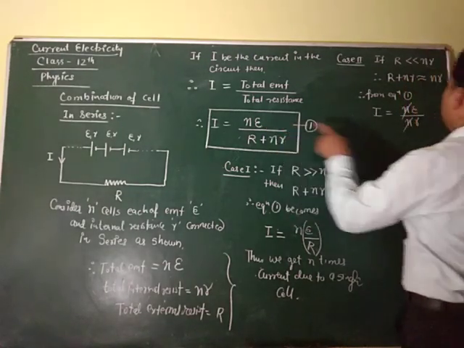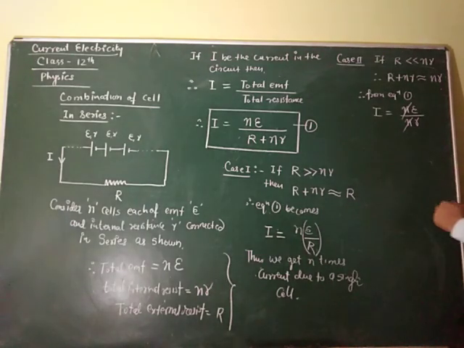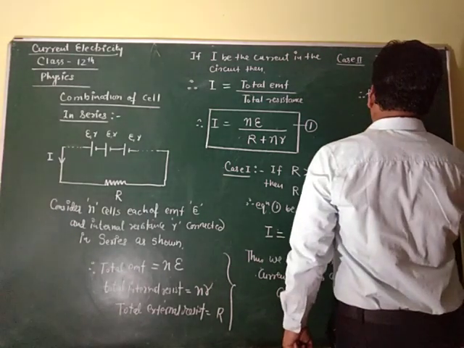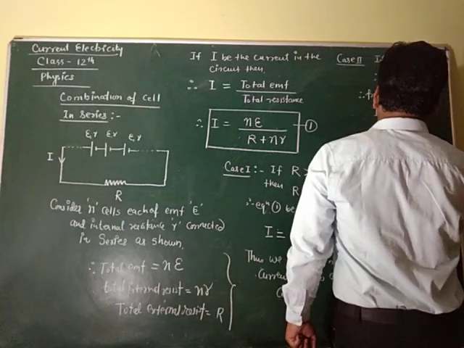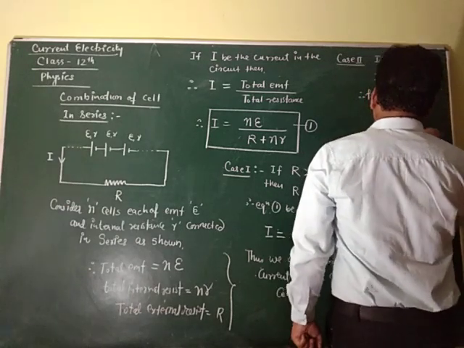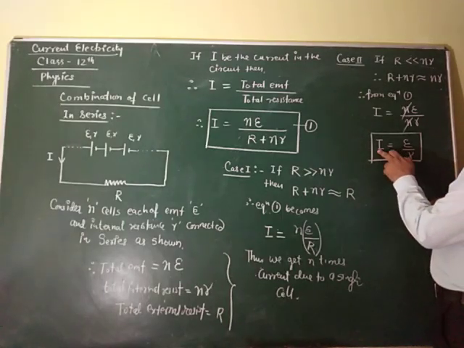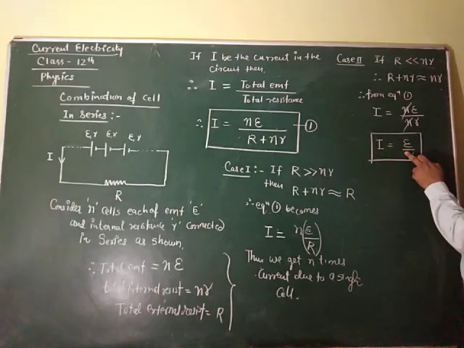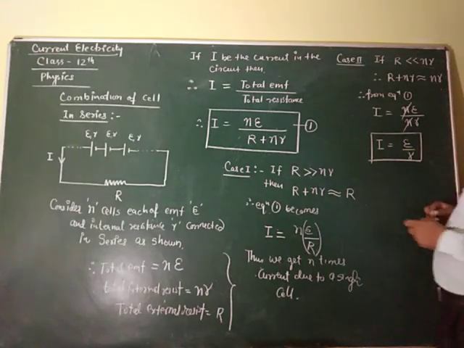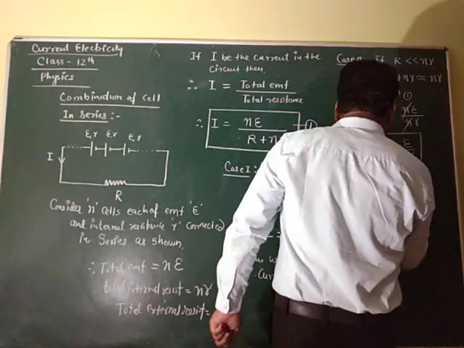This n and this n will cancel out, and you can calculate that the current in the circuit is only due to a single cell.